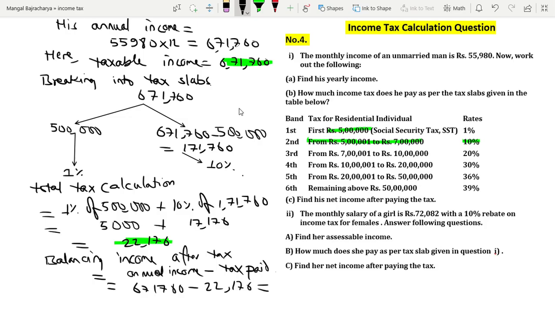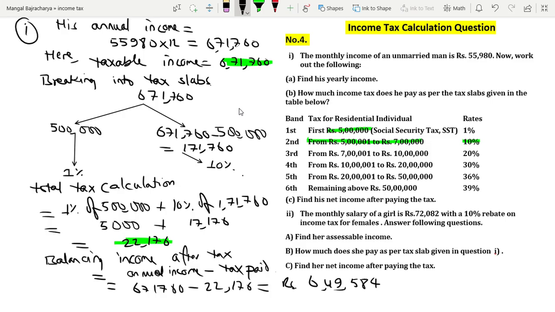So this calculates 6,71,760 minus 22,176. So we get here 6,49,584. So equal to rupees 6,49,584. So it's the answer of the first question.